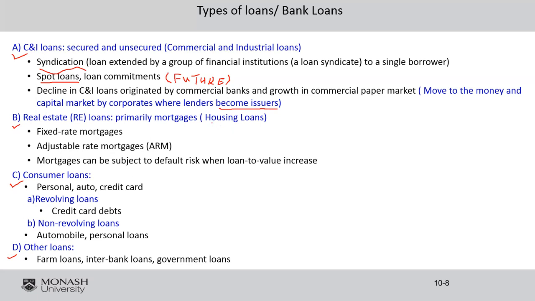So we have been seeing a decrease in this category because as the financial market develops, it's another gate or channel to get money, and you get it from the public directly.